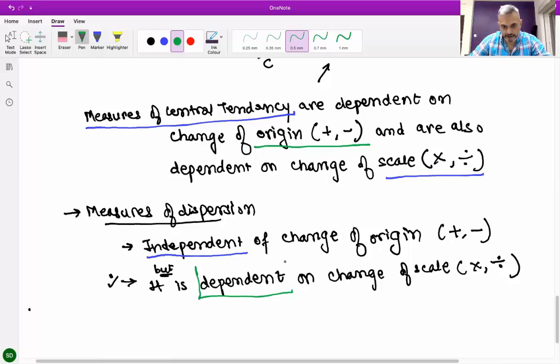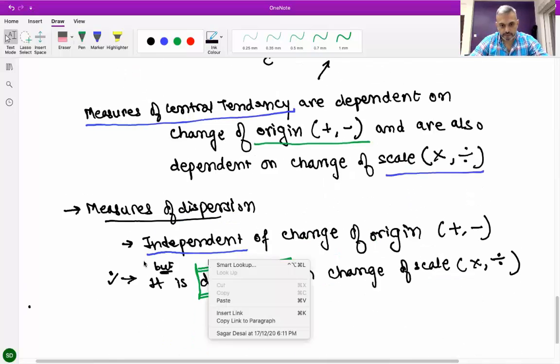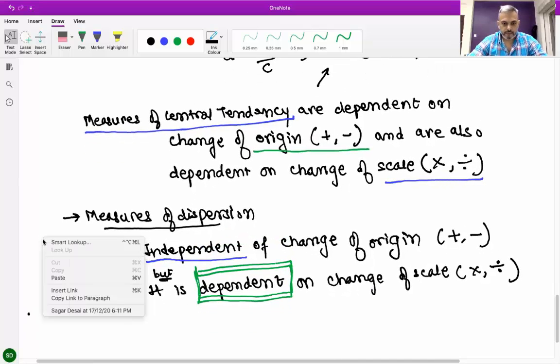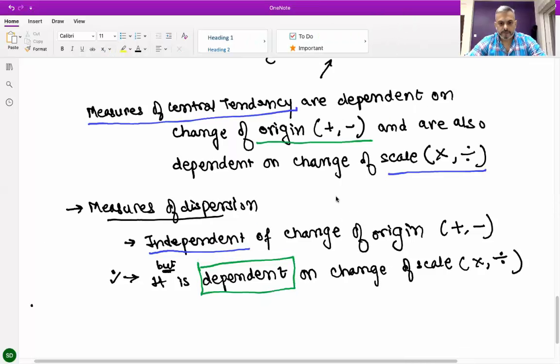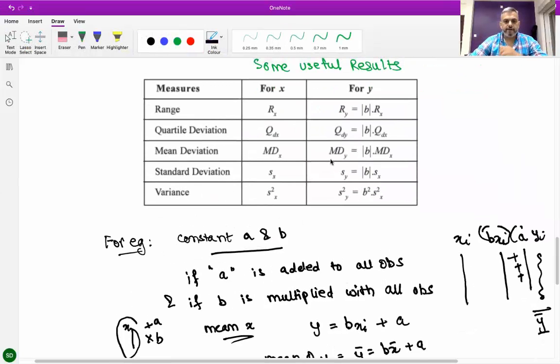And that is why, come to this screenshot of the textbook. Now you come to this, some useful results, and here what you can see is that for range, for x and for y, if anything is added, it makes no difference.